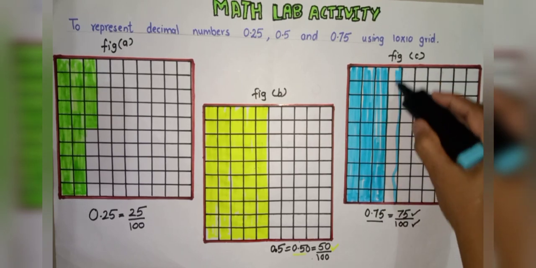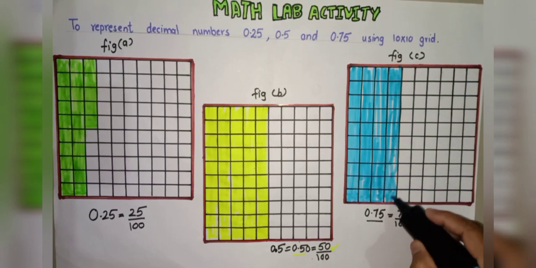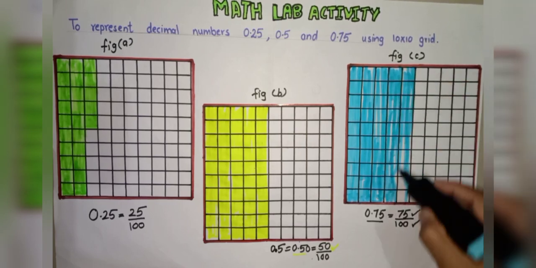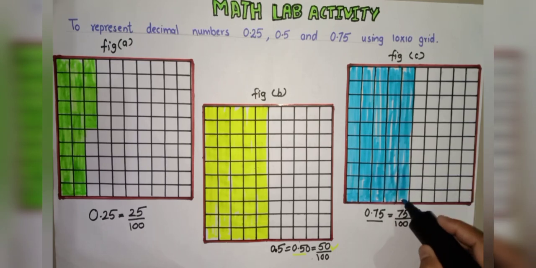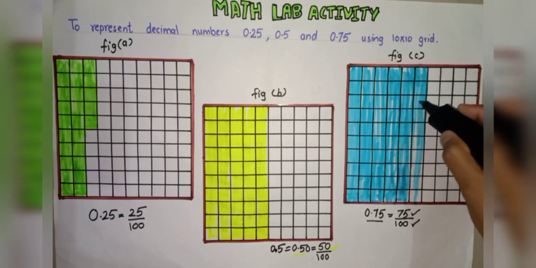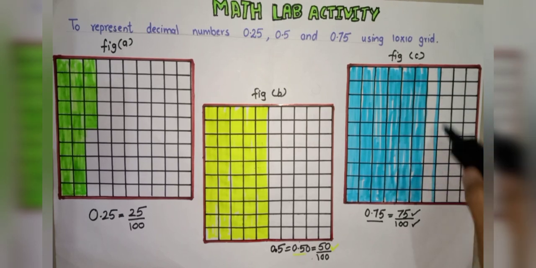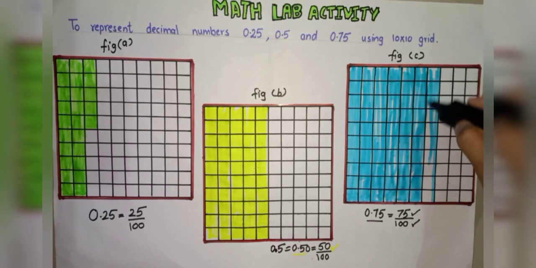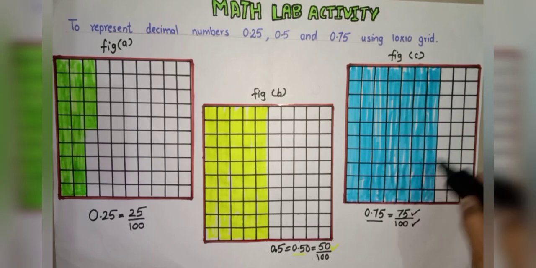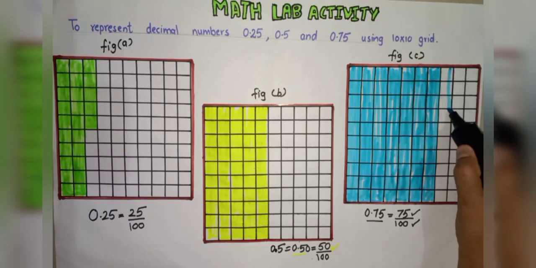Then here I have done 40, 50, then 60, then 70, then 5. 70 plus 5, so we will do these 5 very carefully, children.